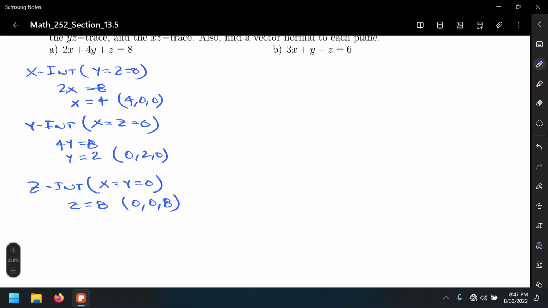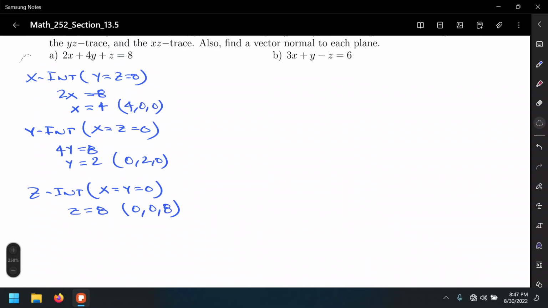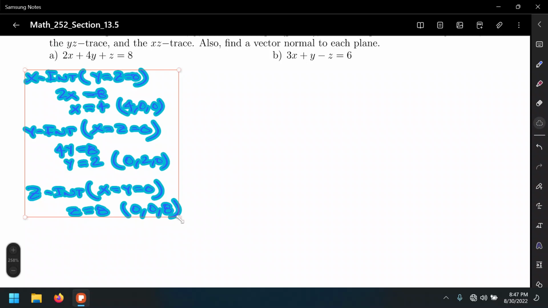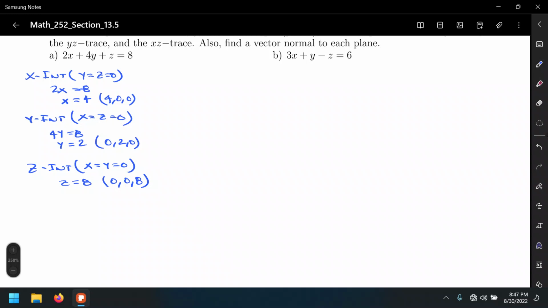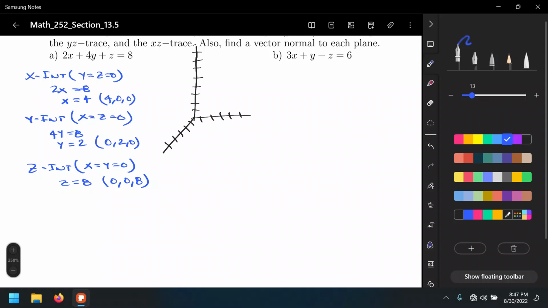Now, how to plot this plane? Let me do a 3D plane in this case. 1, 2, 3, 4, 5. 1, 2, 3, 4, 5. 3, 4, 5, 6, 7, 8. So we're going to plot the intercepts. 1, 2, 3, 4.